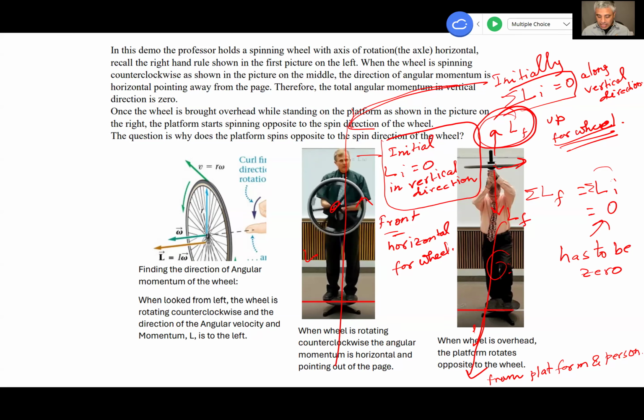So now the angular momentum, this plus that, what happens? It is 0, because one is pointing up, another one is pointing down. Where is this pointing down angular momentum coming from? It is coming from the spinning platform and the person. Okay, so see here, the angular momentum is conserved and the direction mattered.